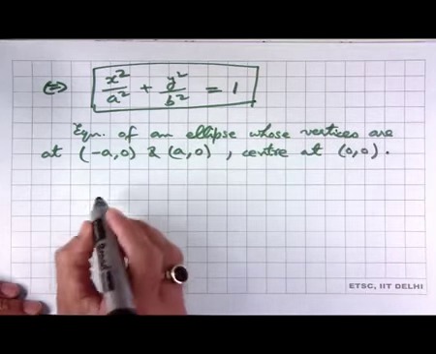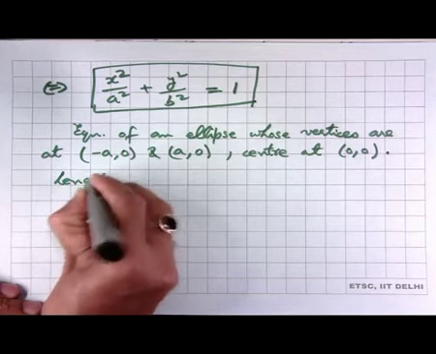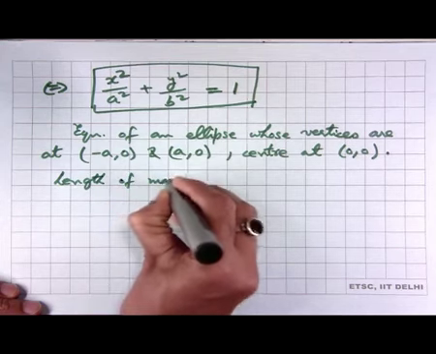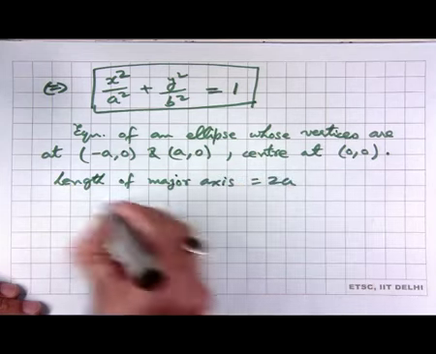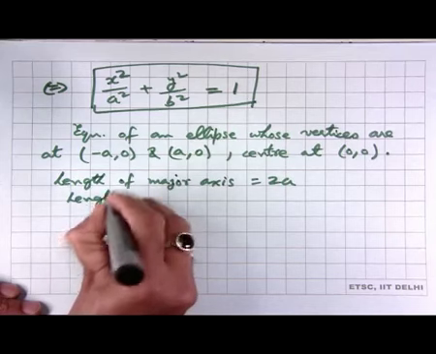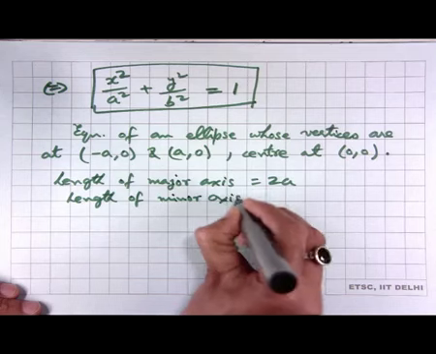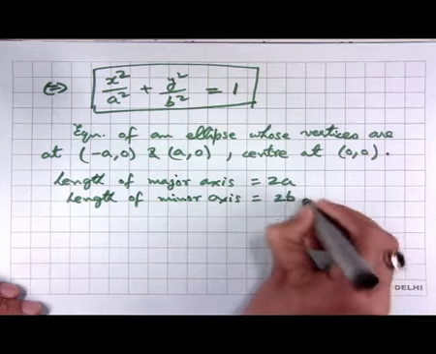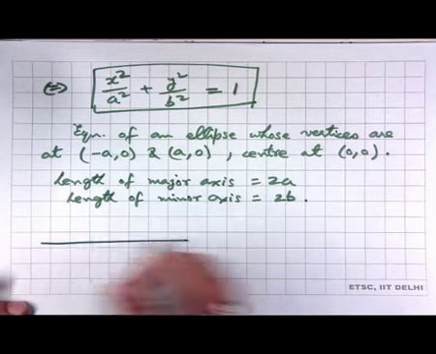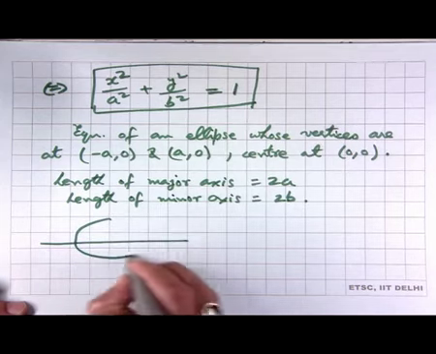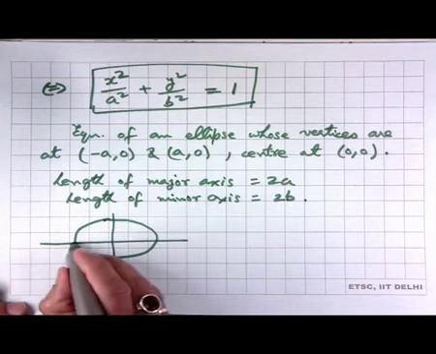In this case the length of the major axis is 2a, and the length of the minor axis is 2b. So, we will get an ellipse like this.